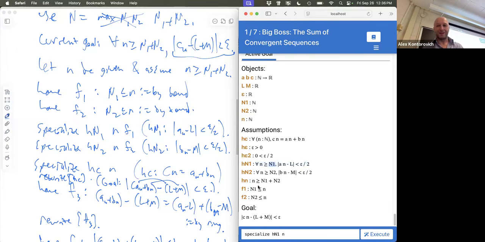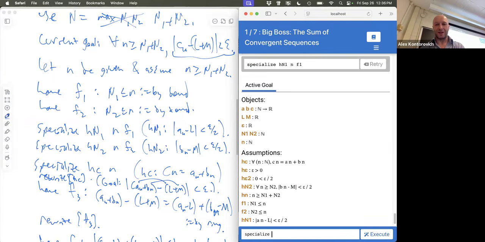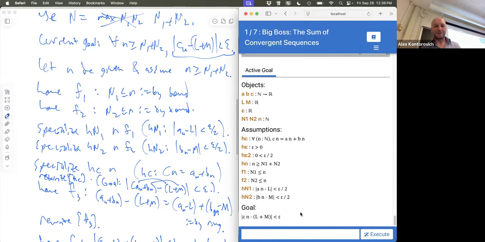I'm looking right here. That's F1. And similarly, specialize HN2 to the same n, but now with F2 as the proof. Now we're up to this point in the proof. Specialize HC to n. I'm so dyslexic.